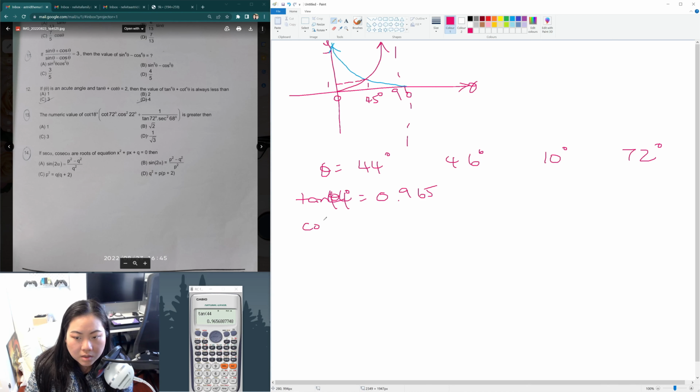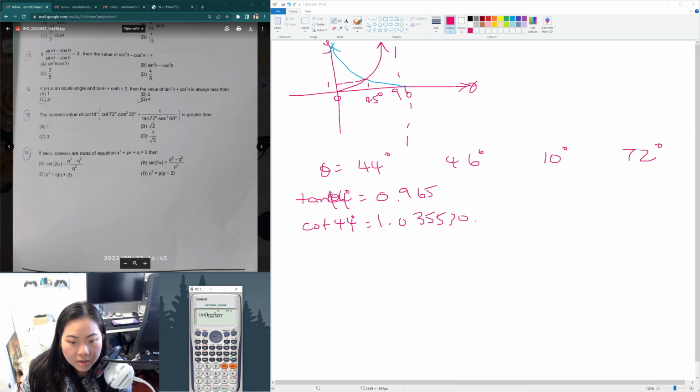Cot 44 degrees is 1.03553. Oh, it does kind of look like it would equal 2, but I should have just done it from the get-go. So tan 44 plus cot 44 is equal to slightly more than 2.